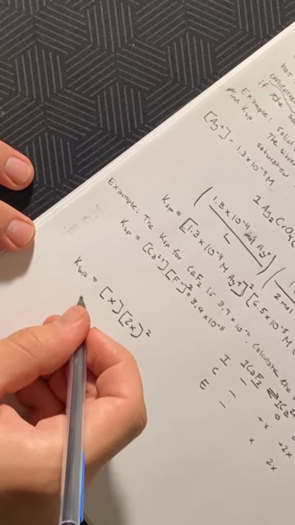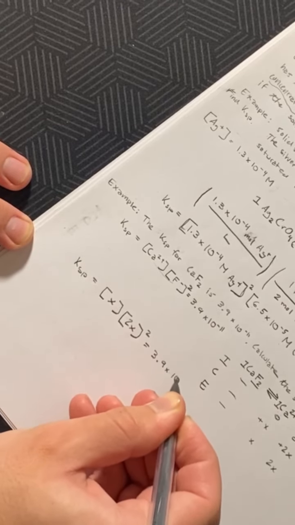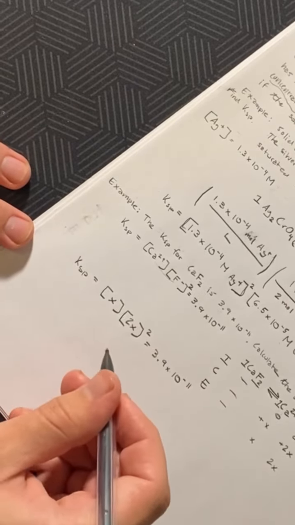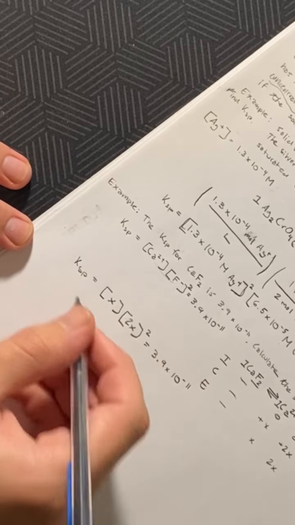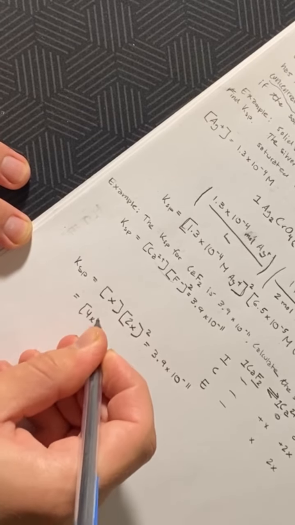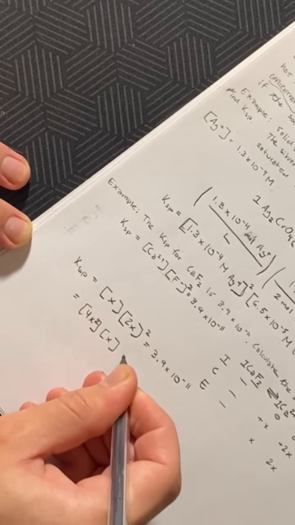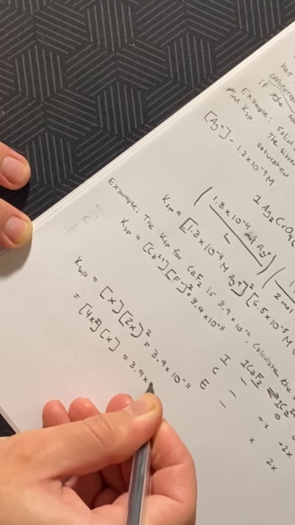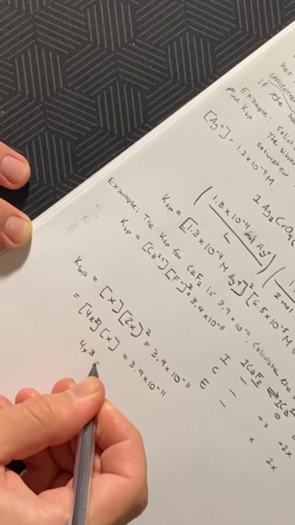And that's going to be equal to 3.9 times 10 to the negative 11. So 2x squared, 2x times 2x is 4x squared, times x, and that's 3.9 times 10 to the negative 11. This is just 4x cubed.